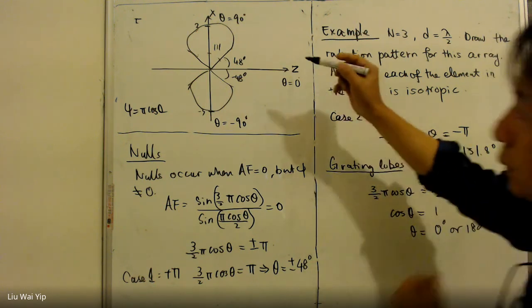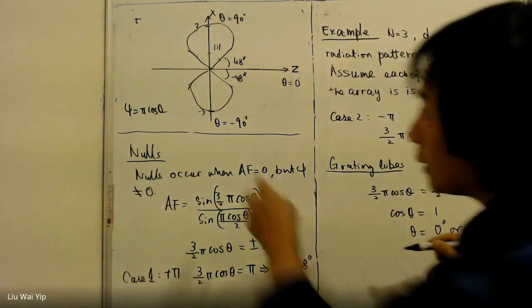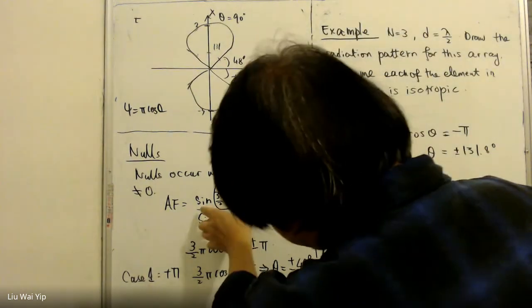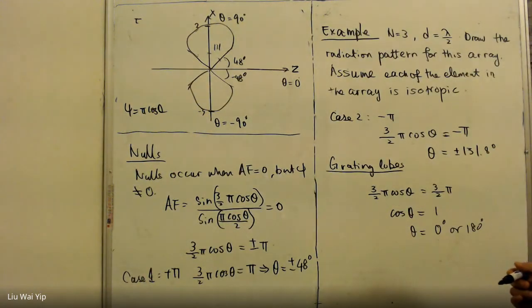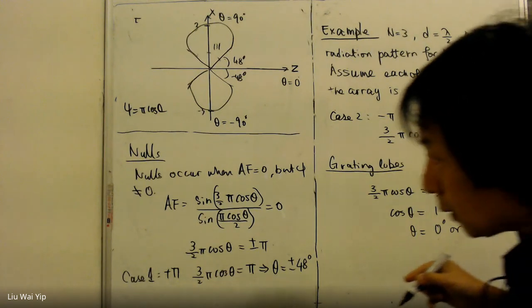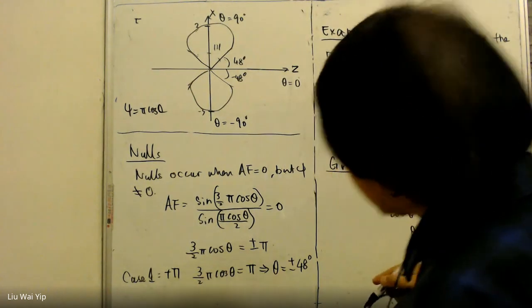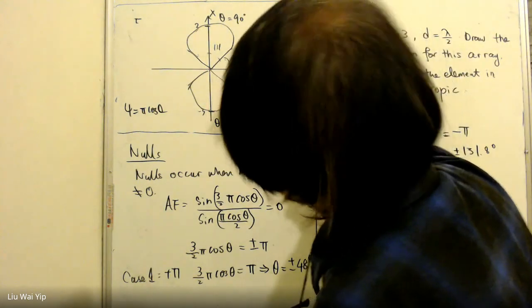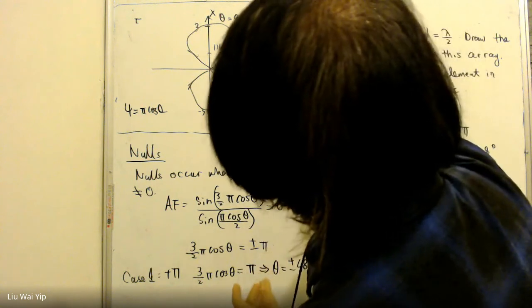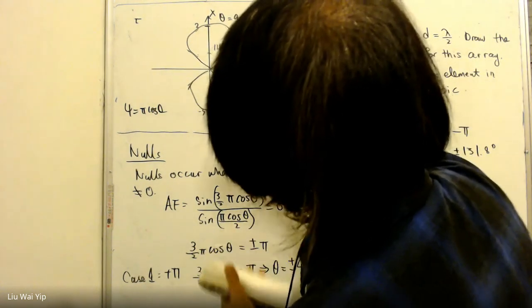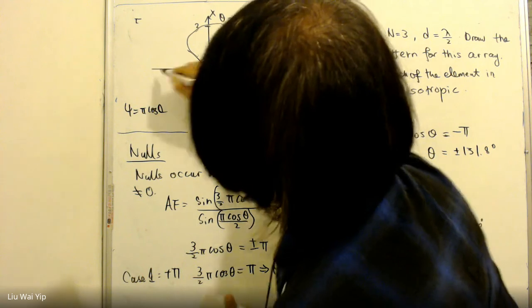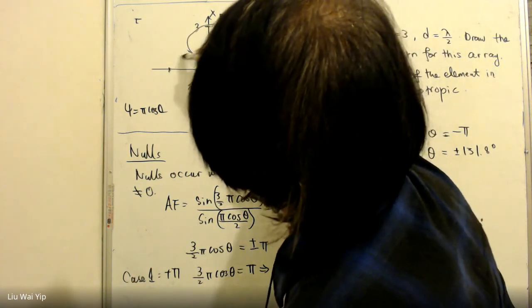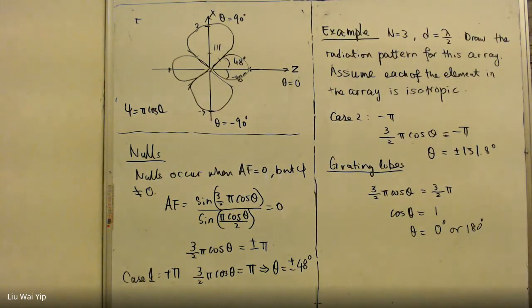So we have two lobes here, and we don't know the magnitude. The magnitude will most likely depend on the function here. By the way, so you will have another one, the so-called grating lobe, which will be here, and yeah, this is what I expect.